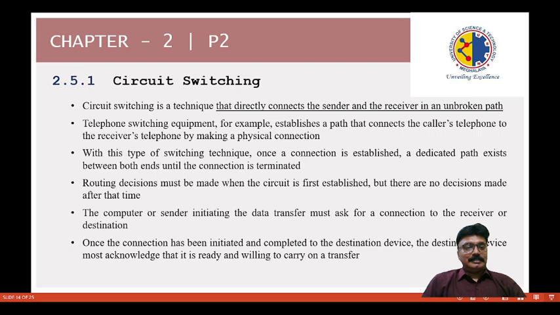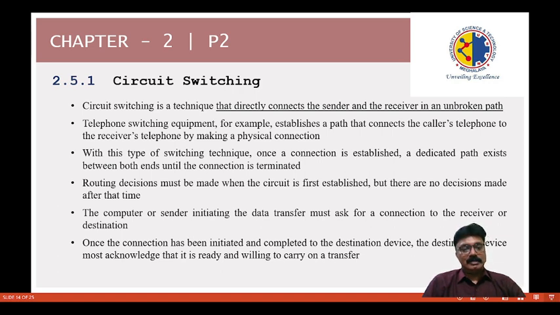For example, if we consider telephone switching equipment, it establishes a path that connects the caller's telephone to the receiver's telephone by making a physical connection. With this type of switching technique, once a connection is established, a dedicated path exists between both ends until the connection is terminated.